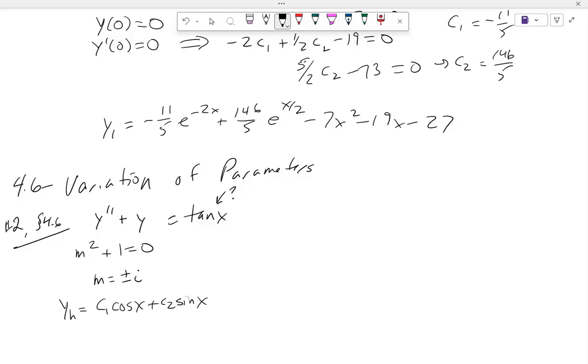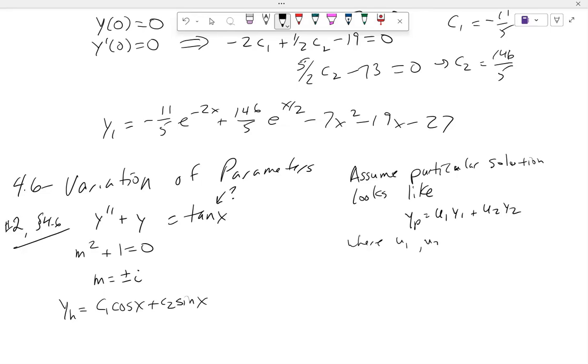We're going to assume our particular solution looks like y sub p equals u1 y1 plus u2 y2, where u1 and u2 are non-constant functions of x.